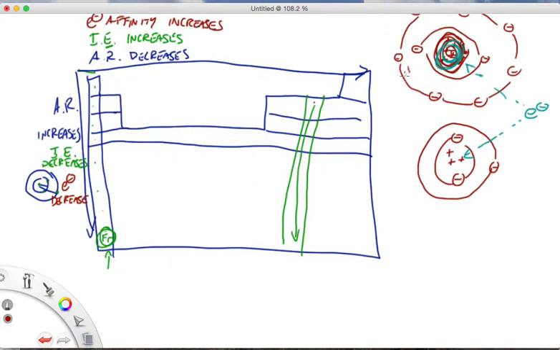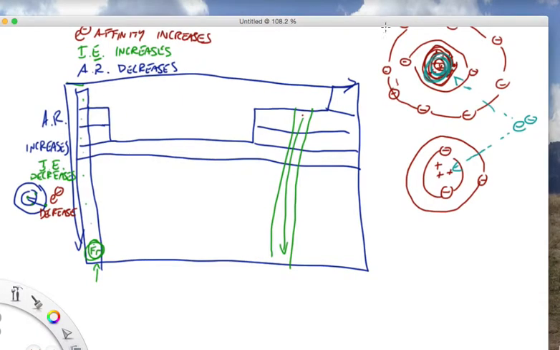Chlorine looks like this. It would have another shell on top of it. And it would be full of electrons. In this case, that extra distance and the extra repulsion from all of the extra 1, 2, 3, 4, 5. Yeah, that's good.